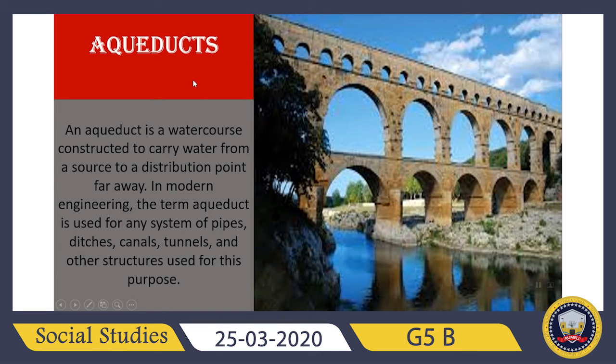In simple words, an aqueduct is a system of pipes, ditches, canals, tunnels, and structures used to carry water from a source to a distribution point far away. You use these channels and canals and tunnels to get the water.